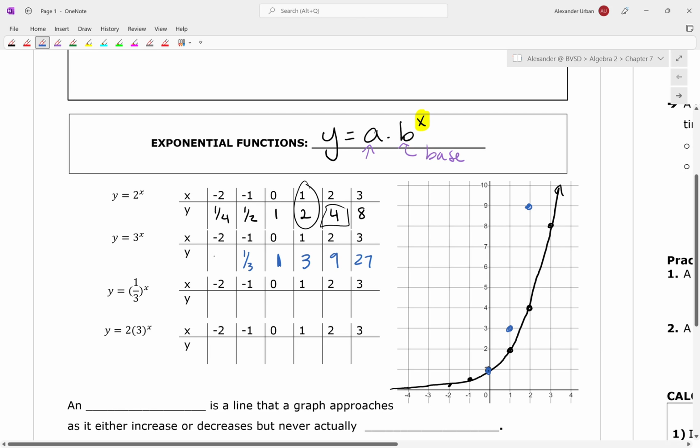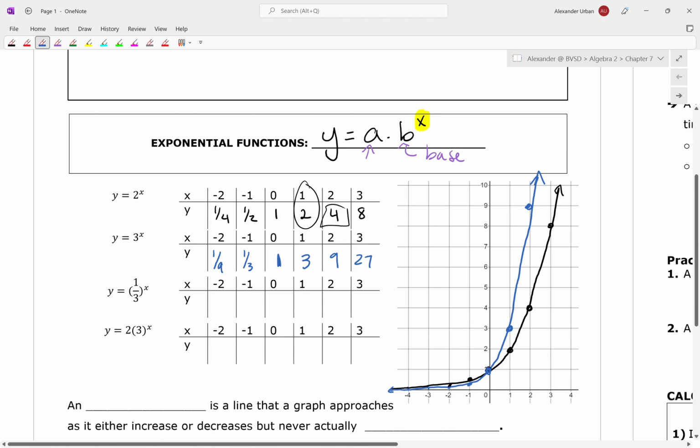If I have 3 to the negative 2 power, that means I have two 3s in the denominator, or 1/3 and 1/9. So again, same kind of idea here. I've got a third, and then a 9th, and then 1/27th, and then 1/81st. I'm getting really close to that value of y equals 0, but never actually getting there.